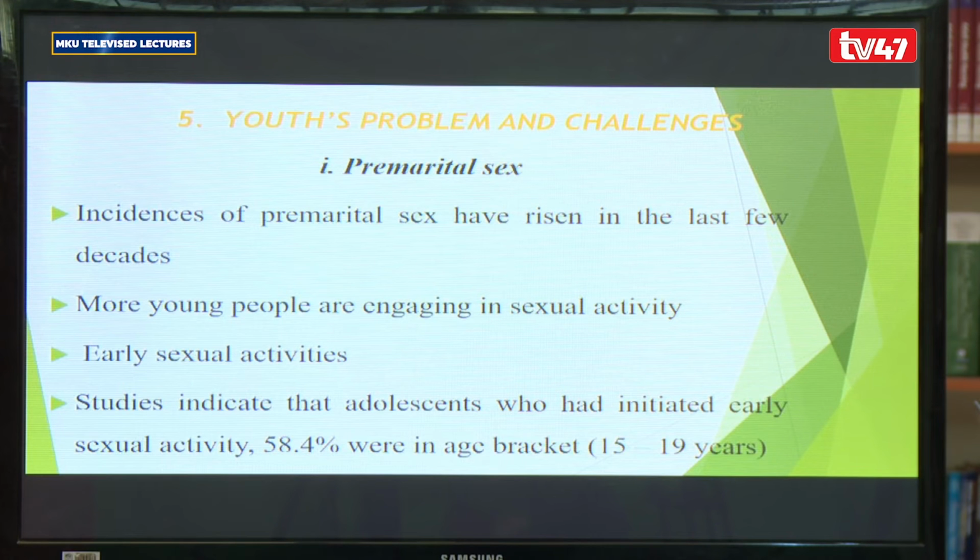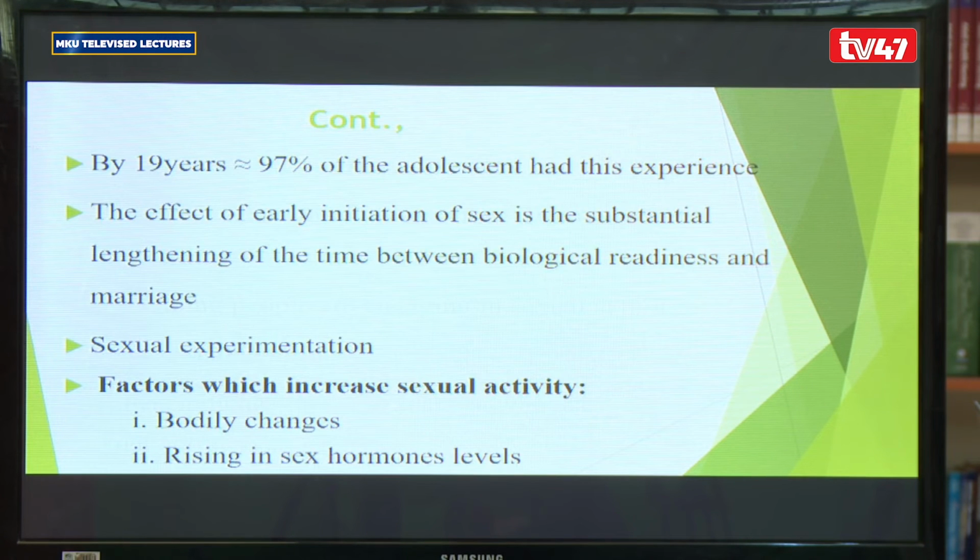Studies indicated that adolescents who had initiated early sexual activity, around 58.4%, were in an age bracket between 15 to 19 years. By 19 years, 97% of the adolescents had this experience.